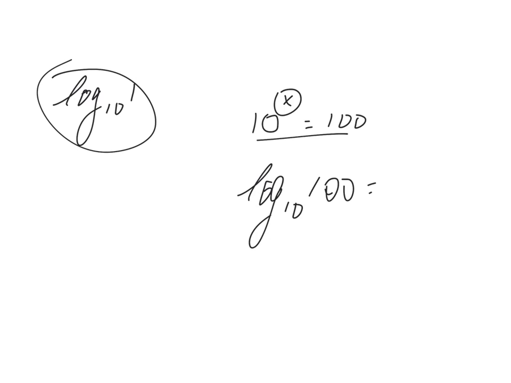What number am I going to put on 10 to give me 100? It could be, what number am I putting on 10 to give me 3.176? There is a number that I can put in there for x that when I take 10 to that power, I get that. It's going to be a weird decimal number, but there is one, which is really weird to think about.